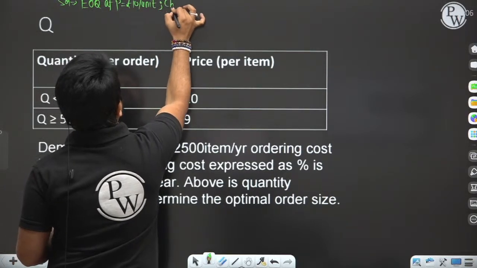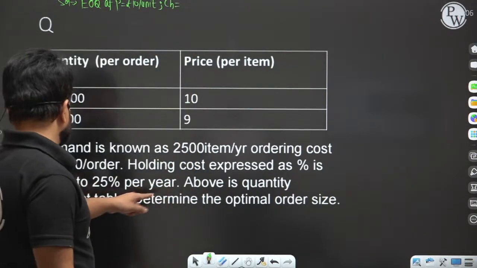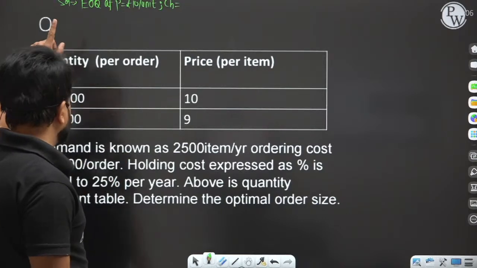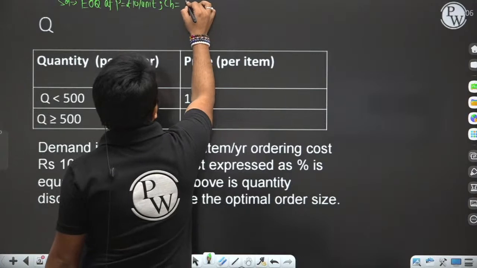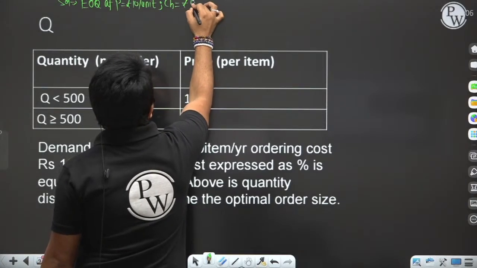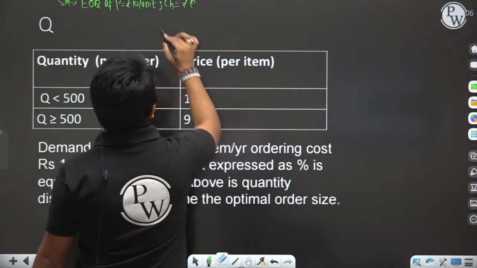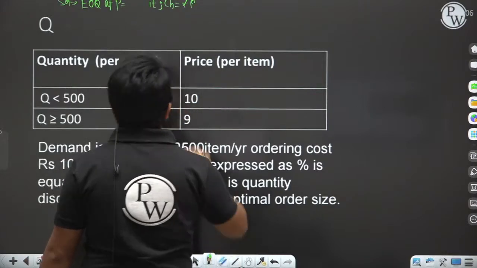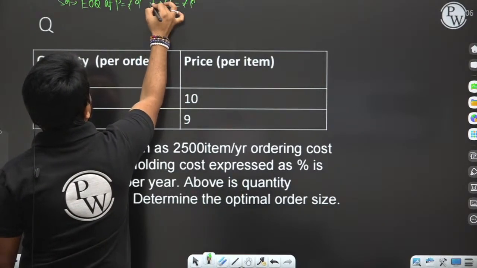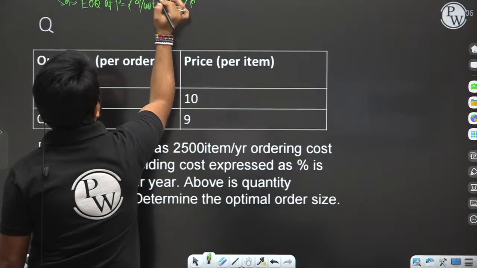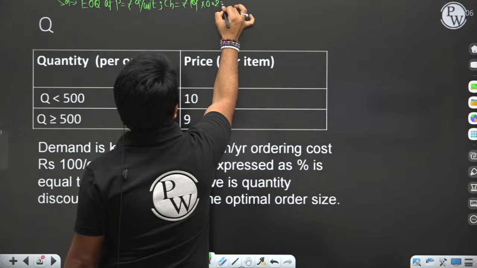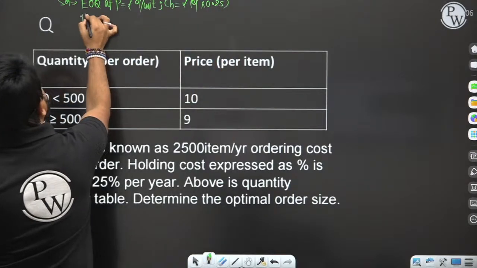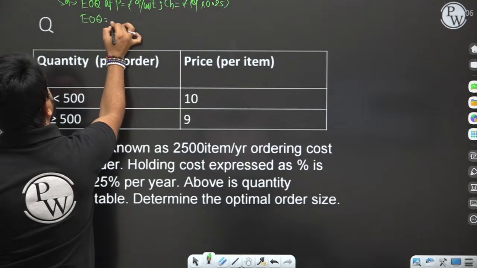CH will become 25% of this. So CH is rupees 9 per unit. Now CH is 9 into 0.25, right?